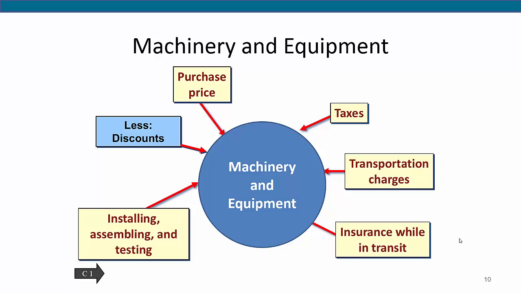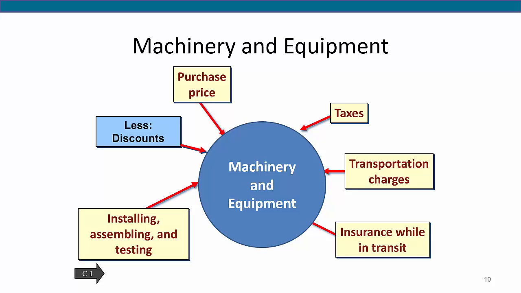Let's look at a few examples of what costs are capitalized, starting with machinery, then moving on to land improvements, and buildings. Machinery and equipment includes assets like forklifts, coffee roasters, assembly lines, packaging machines. The cost of machinery and equipment consists of all costs to purchase them and prepare them for their intended use, less any discounts received.